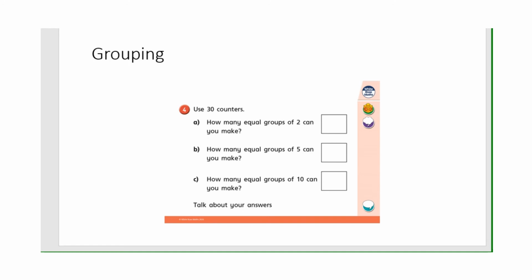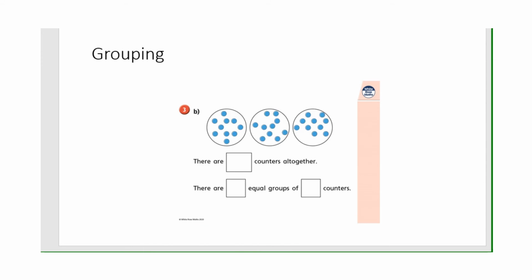Now then, see if you can do this. Use 30 counters, okay? How many equal groups of 2 can you make? How many equal groups of 5 can you make? How many equal groups of 10? Talk about your answers. See if you can write them in stem sentences.